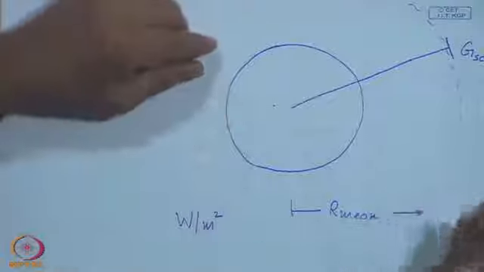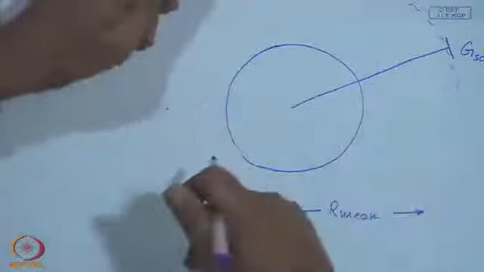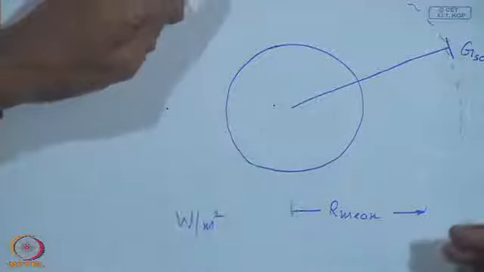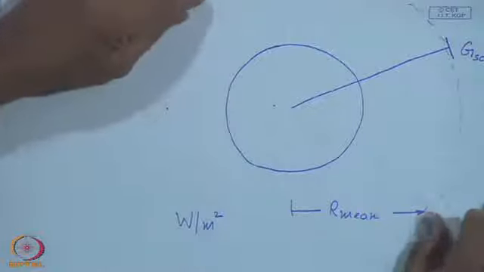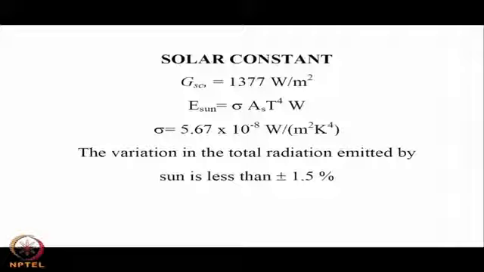So, if we multiply by the total surface area at that radius, it will be the total emitted solar radiation by the sun, and that is given by Stefan Boltzmann constant sigma times A S, the surface area of the sun, multiplied by T to the power 4, where T is an effective temperature of the sun.